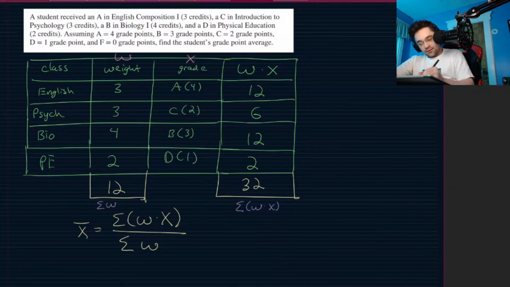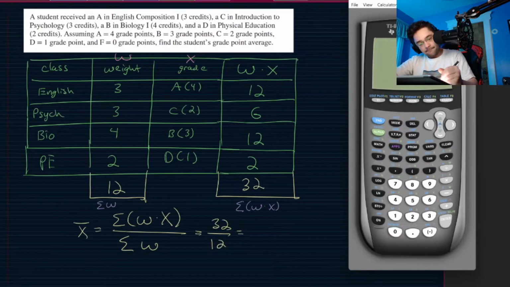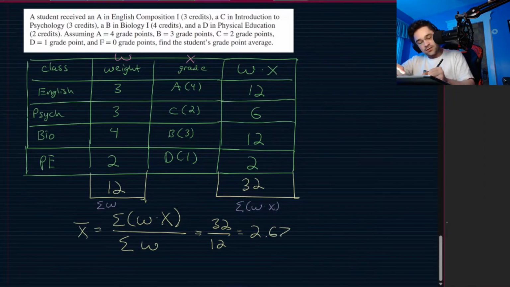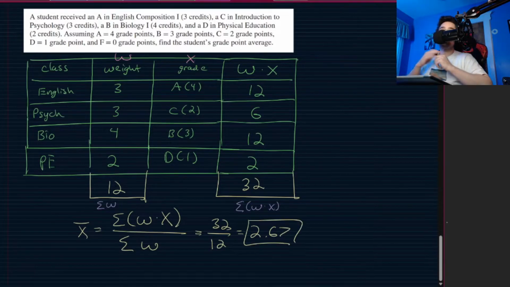So we get 32 over 12, which is 2.67. Let's round it to 2 decimals: 2.67. If it was 1 decimal, it'd be 2.7. So that's the weighted mean, and that's the last measure of central tendency.